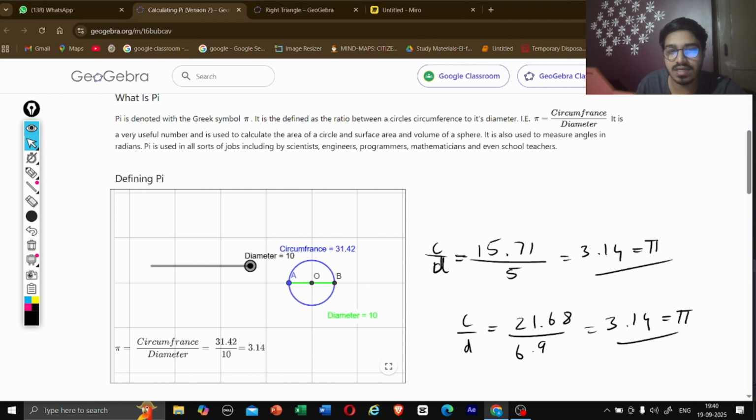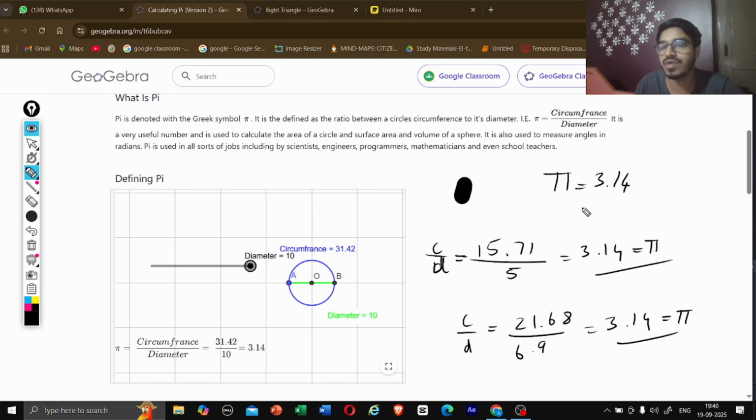Next, you take a circle of diameter 10 centimeter. The circumference will be 31.42, divided by the diameter, that is 10, so you'll get 3.14. This is how the value of pi was found out. Using this, we know the area of a circle formula.